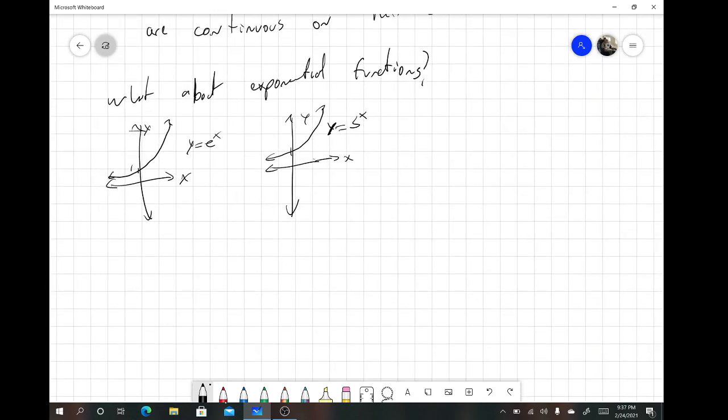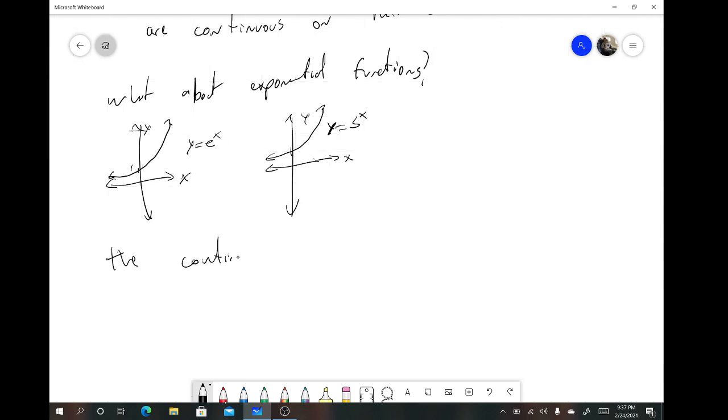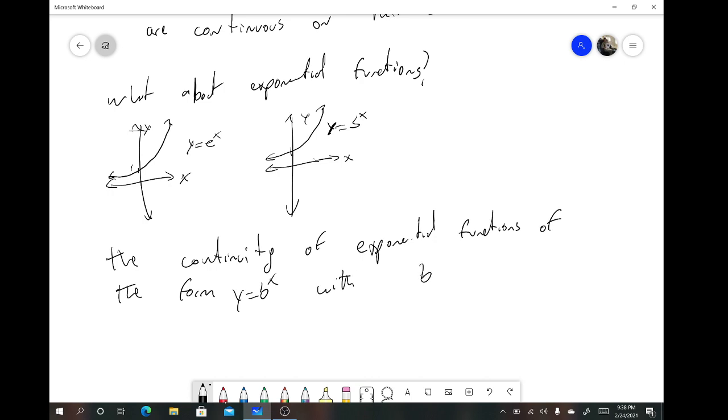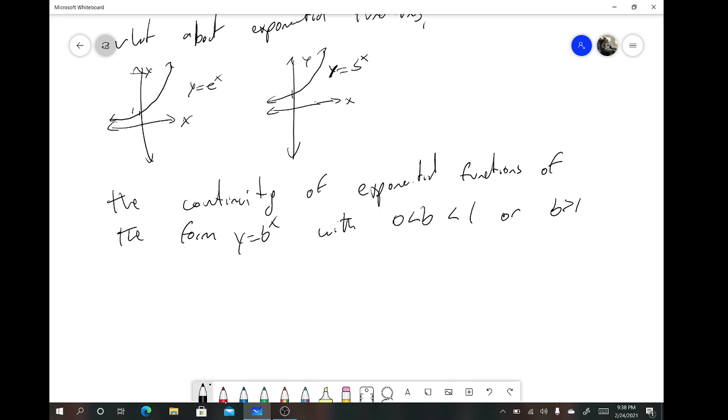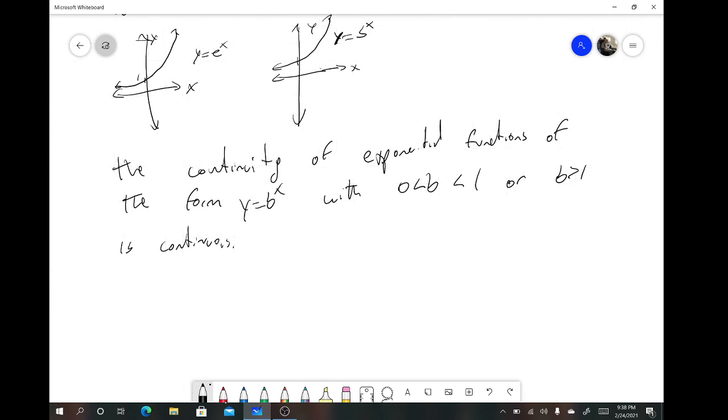Well, it turns out that the continuity of exponential functions of the form y equals b to the x, where b is bigger than 0 and less than 1, or b is bigger than 1, is continuous. Right, so both of these are continuous.